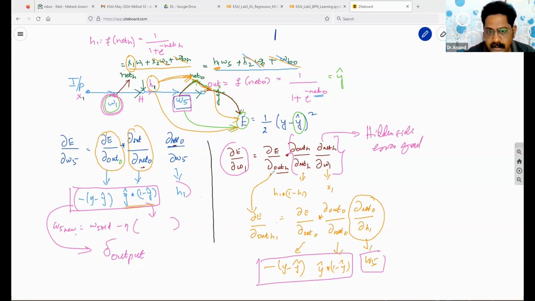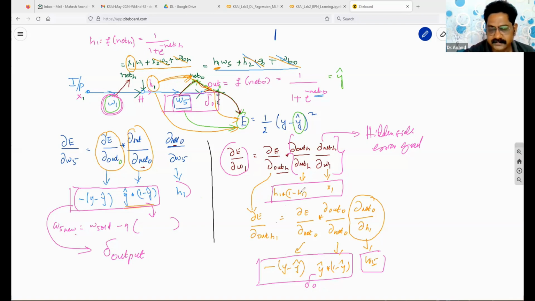Along with that, while calculating this, what you are getting is delta O scaled by W5. Your output side error gradient is getting scaled by W5. We are getting the component delta naught scaled by W5. It's one of the entities while calculating the hidden side error gradient. So you are expressing the hidden side error gradient as a function of your output side error gradient scaled by W5 along with this term.